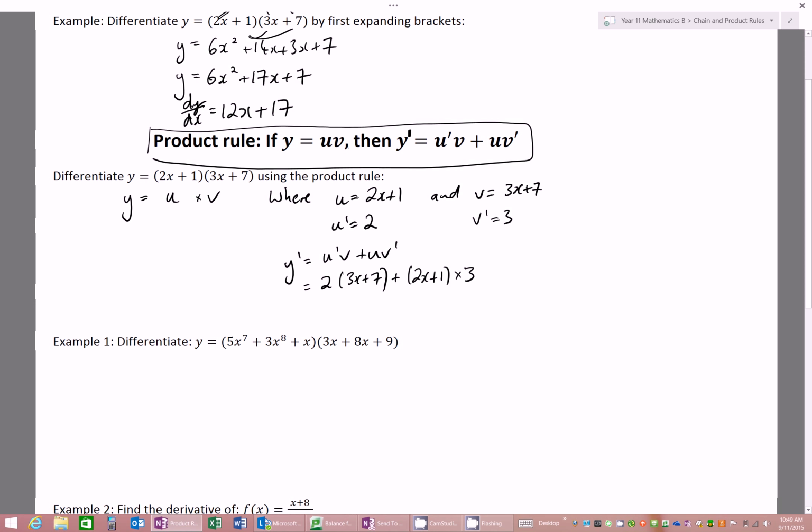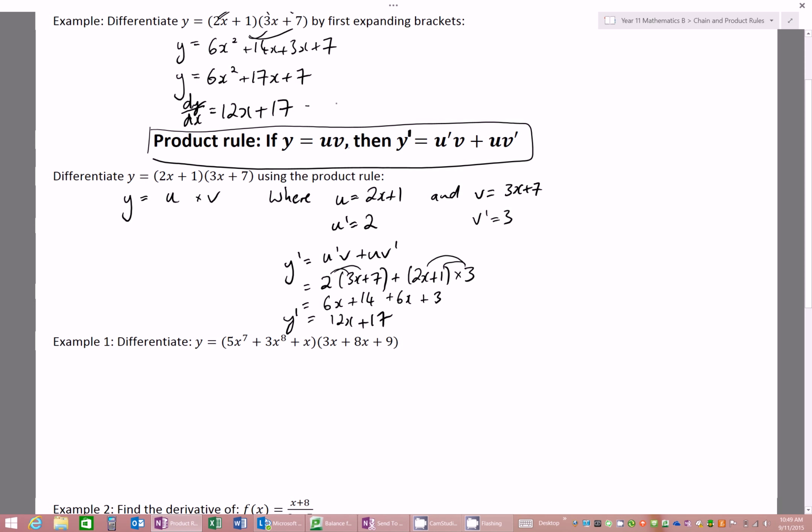Looks pretty good. Is it the same as what I got by just doing FOIL expansion? Let's have a look. May as well expand this guy, 6x plus 14, and expand this guy, 6x plus 3. Collect like terms, 12x plus 17.